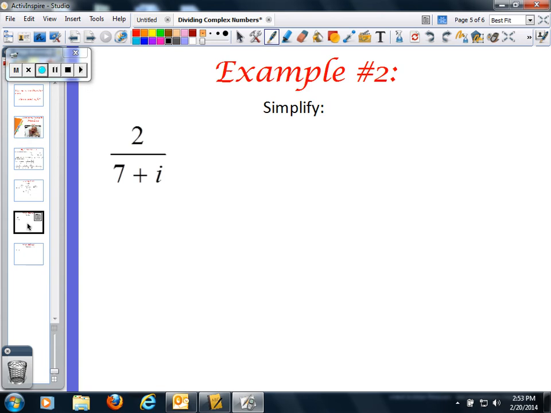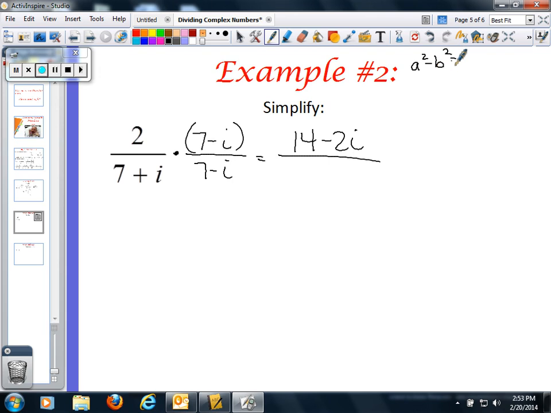Again, same idea here. So I have to multiply by the conjugate, so I multiply by 7 minus i. Now this time I have 2 times 7 minus i, so I have to distribute, so that's 14 minus 2i over, now remember, a squared minus b squared equals a plus b, a minus b. Well, I have a plus b here. I'm multiplying by a minus b.